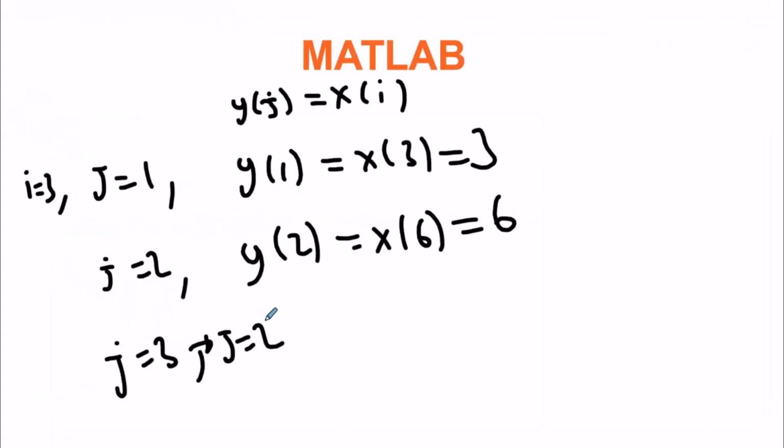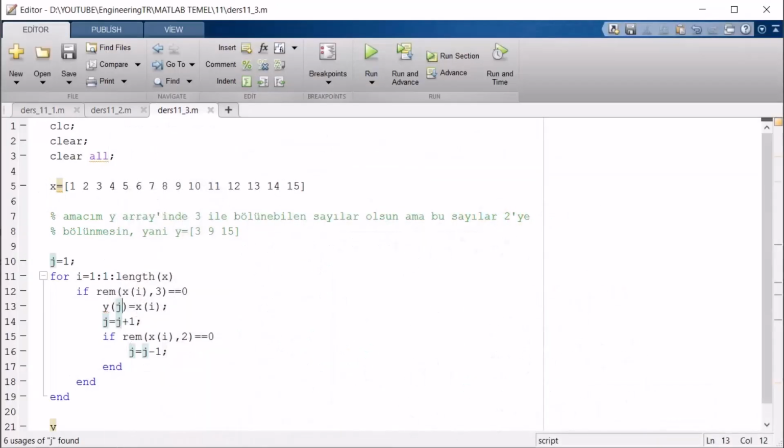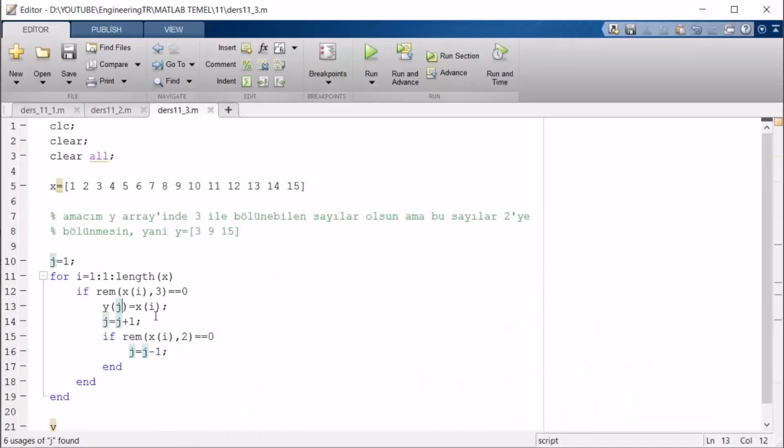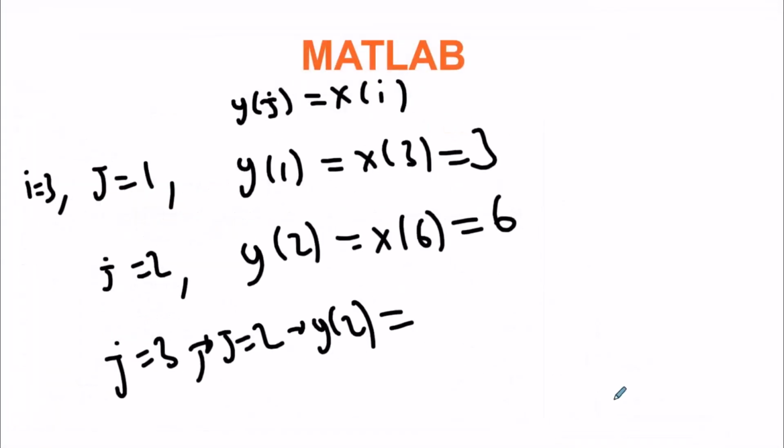What is our j value now? Our j value is still 2 now. What should yj be equal to? Again, automatically y2. Let our next value y2 be equal to xi, so it will equal 9.